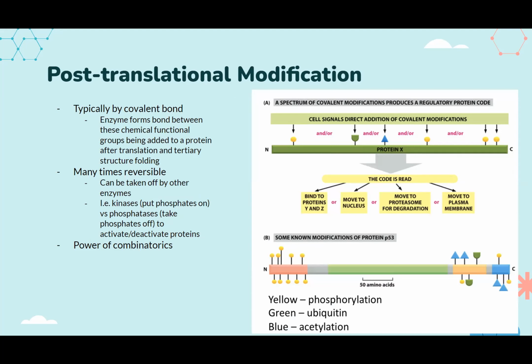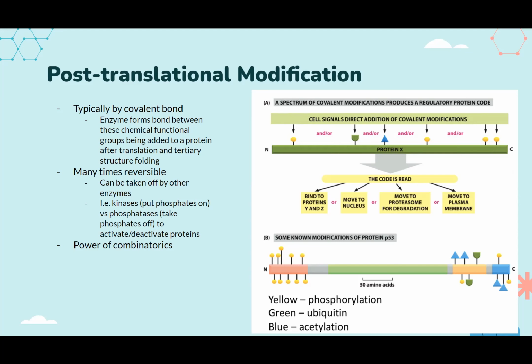These modifications are typically reversible, though in many cases the modification is never removed. Post-translational modification is often used as a switch mechanism to control a protein's function, to change its surface chemistry, to change its structure and function, and to be able to reverse that by removing the modification.